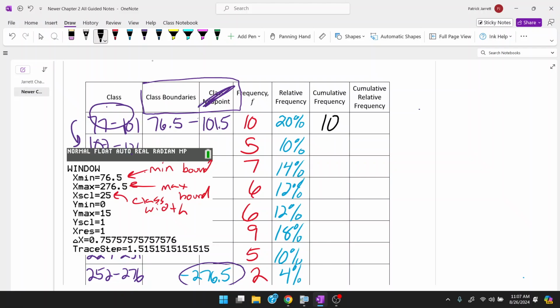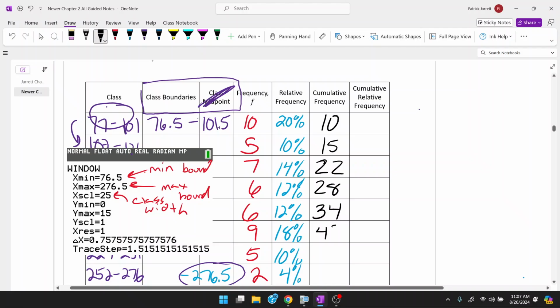So what's the next cumulative frequency going to be? 15, because 10 and 5 is 15. 15 and 7 is 22. Then 28, 34, 43, 48, and lastly, 50. And that last cumulative frequency should match the grand total. So finding the cumulative frequency, in a way, is checking our counts out.